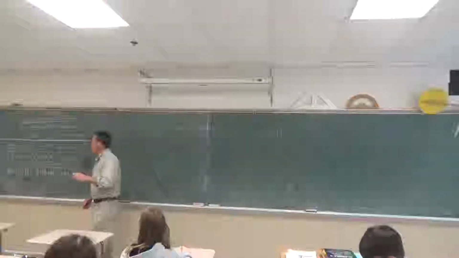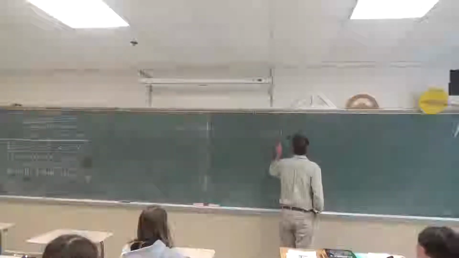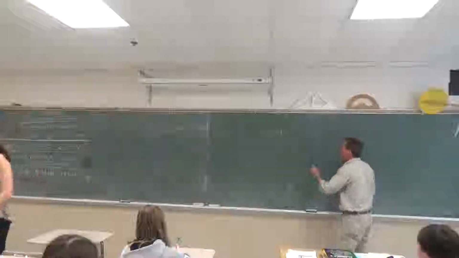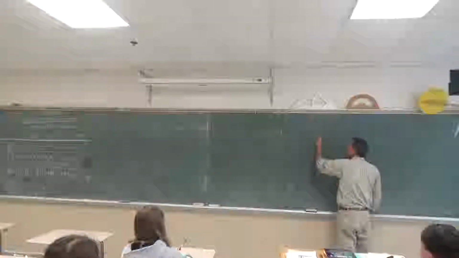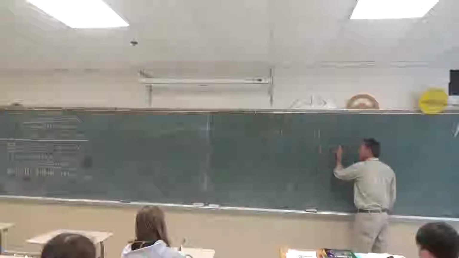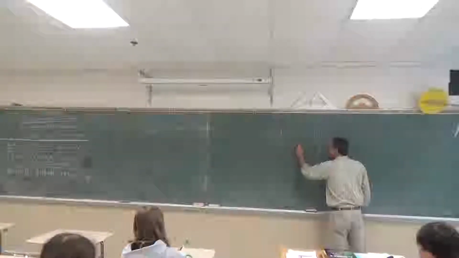Now, you know this as y equals 1 over x. And you know y equals 1 over x as a rational function where x can't be 0, y can't be 0, they're the asymptotes, and it looks like this.